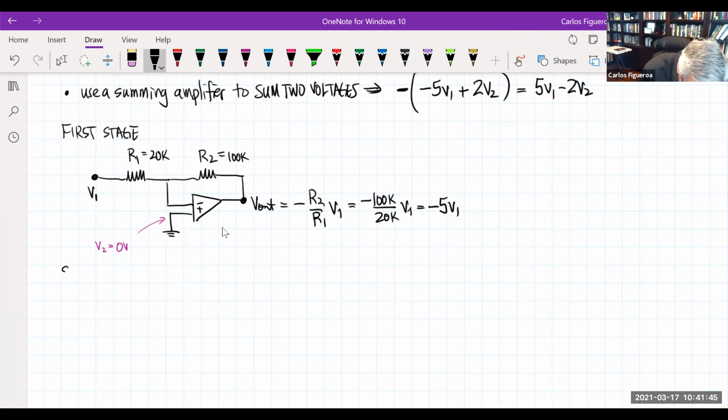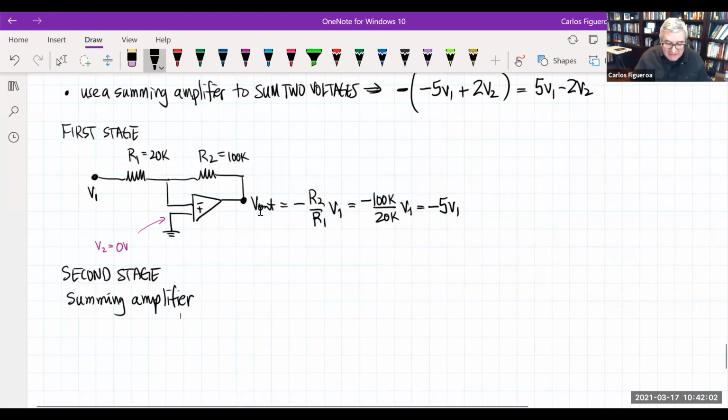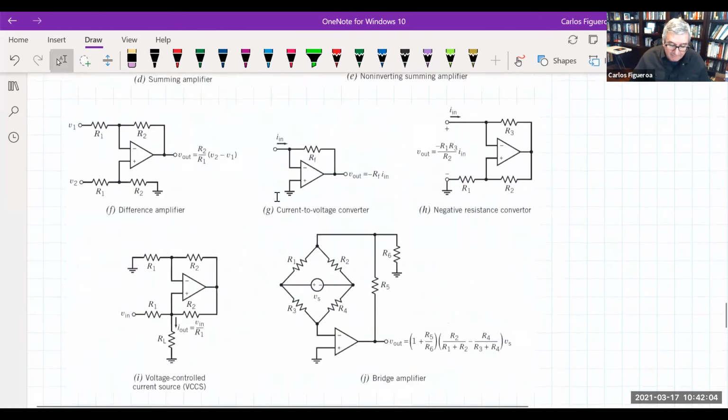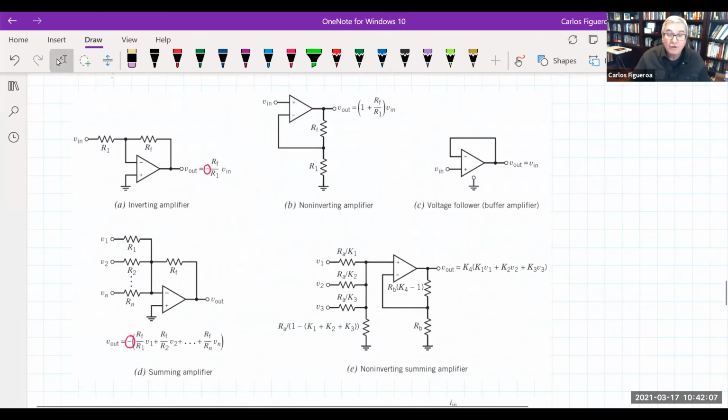So now I'm going to set up a second stage. I'm going to use a summing amplifier. And when you look at the summing amplifier, look what it looks like here. Let me grab this and bring it in. Okay, I didn't do a good job there. Let me move this out of the way.